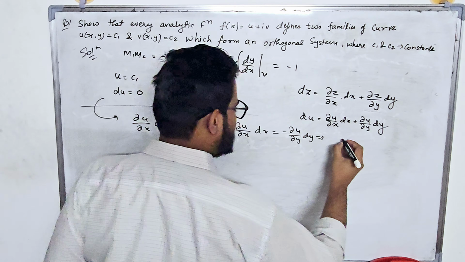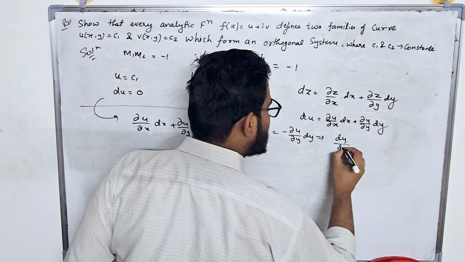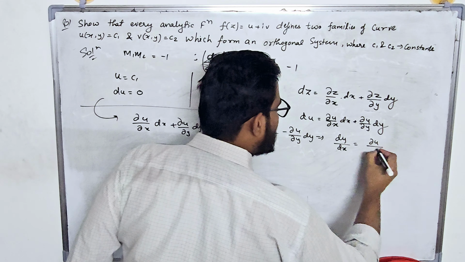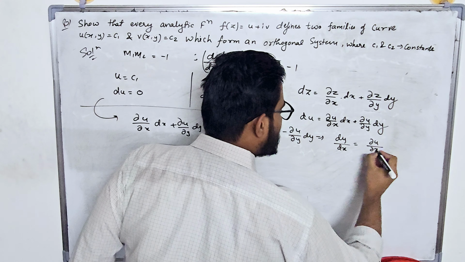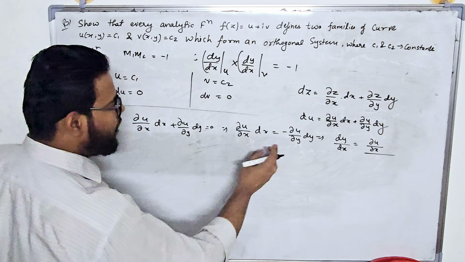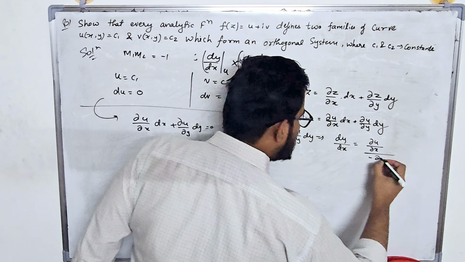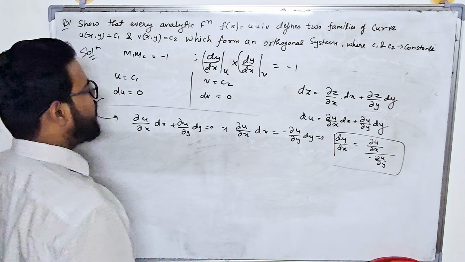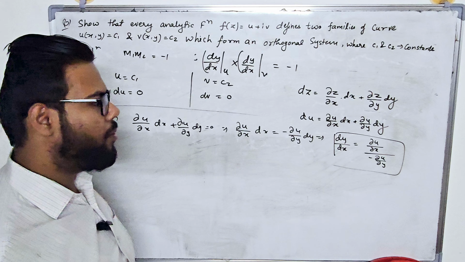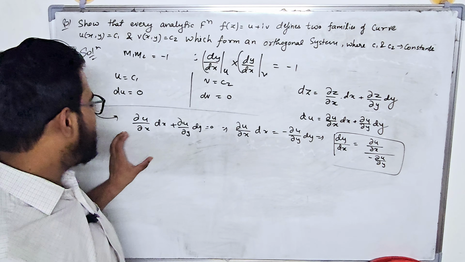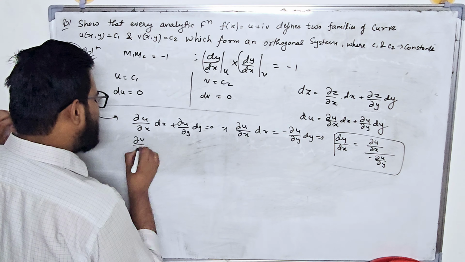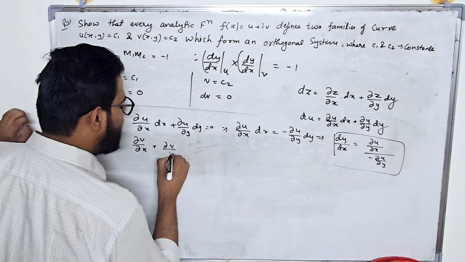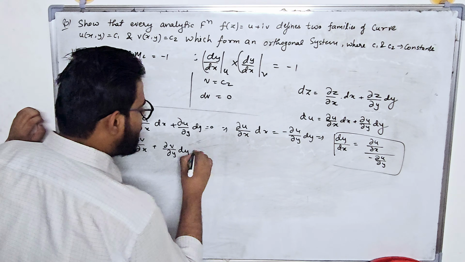Hence dy/dx = ∂u/∂x divided by (-∂u/∂y). So this is dy/dx. Similarly, we can solve for v also. You can apply the same procedure: ∂v/∂x dx + ∂v/∂y dy = 0.